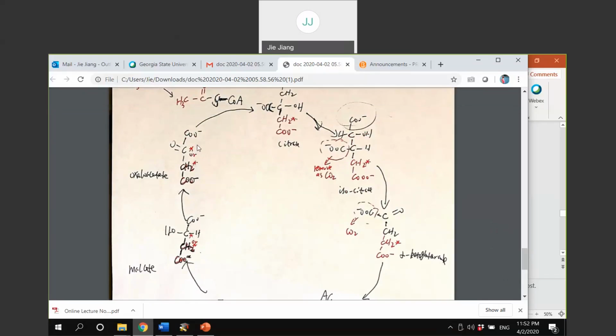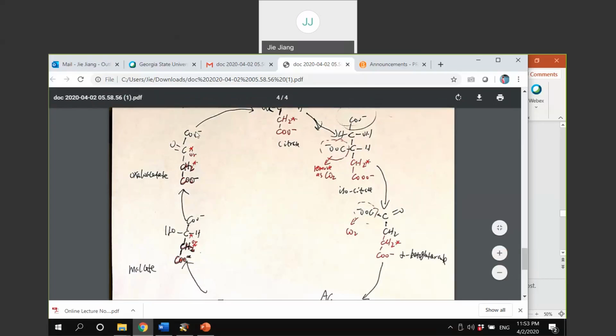So both these two carbons can be isotope labeled, right? Both these two can be isotope labeled. But when you enter this oxaloacetate, enter another citric acid cycle, what will happen? These two will be released, right? These two will both be released as carbon dioxide.